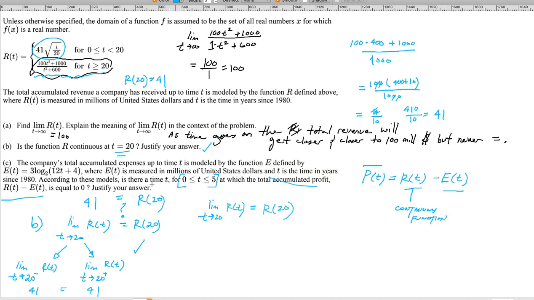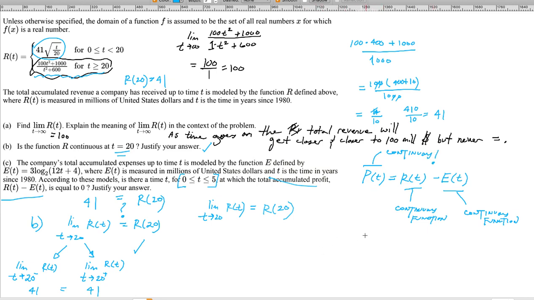E of t is a continuous function from 0 to 5. And the subtraction of two continuous functions is a continuous function. So I have that P of t is continuous. And I need that piece.